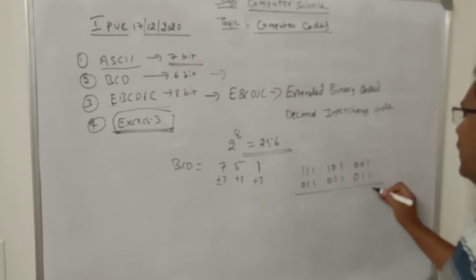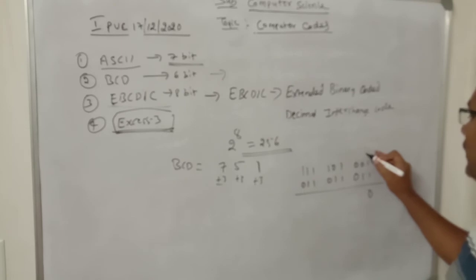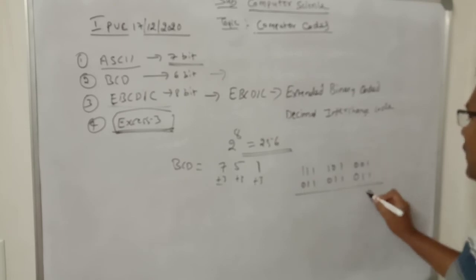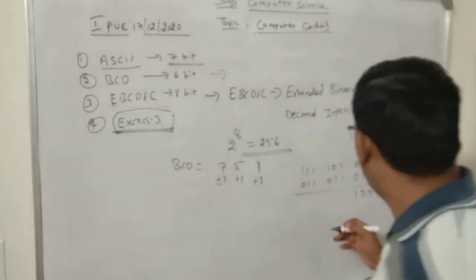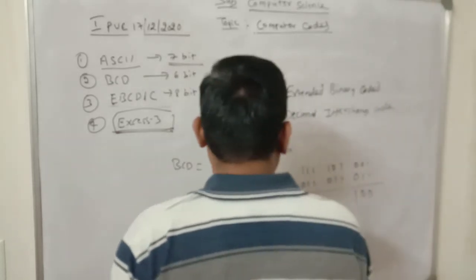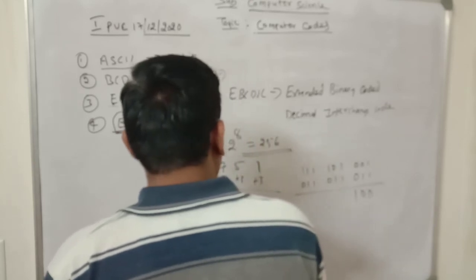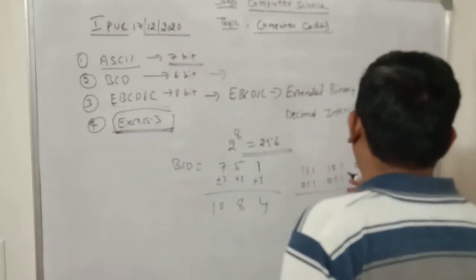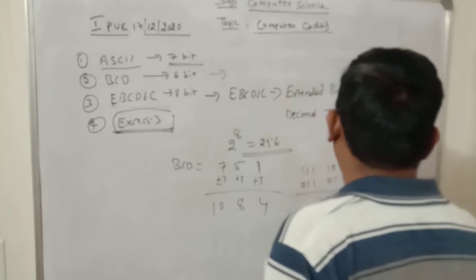1 plus 1 is 0, carry 1. 1 plus 1 is 0, carry 1. So this becomes 4. Here, 4; 5 plus 3 is 8; 7 plus 3 is 10, right? Here also 1 plus 1 is 0, carry 1. Again 1 plus 1 is 0, carry 1.